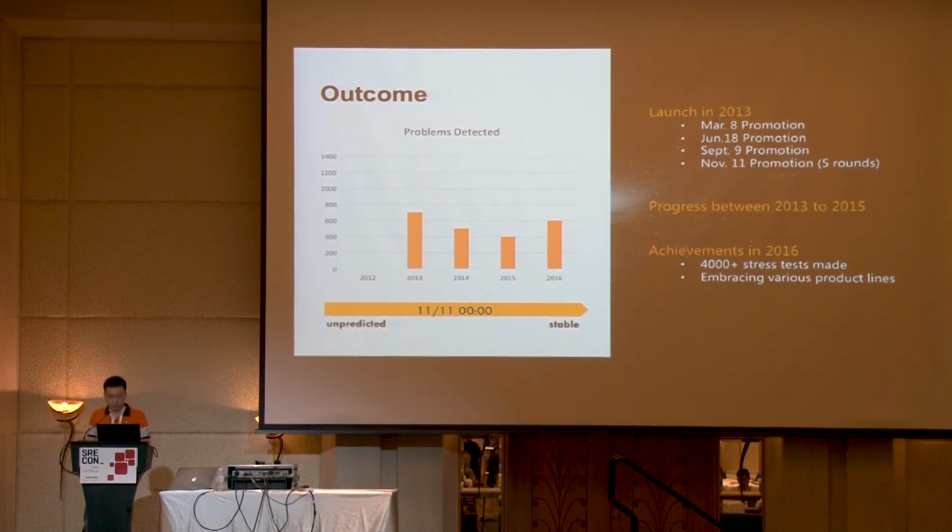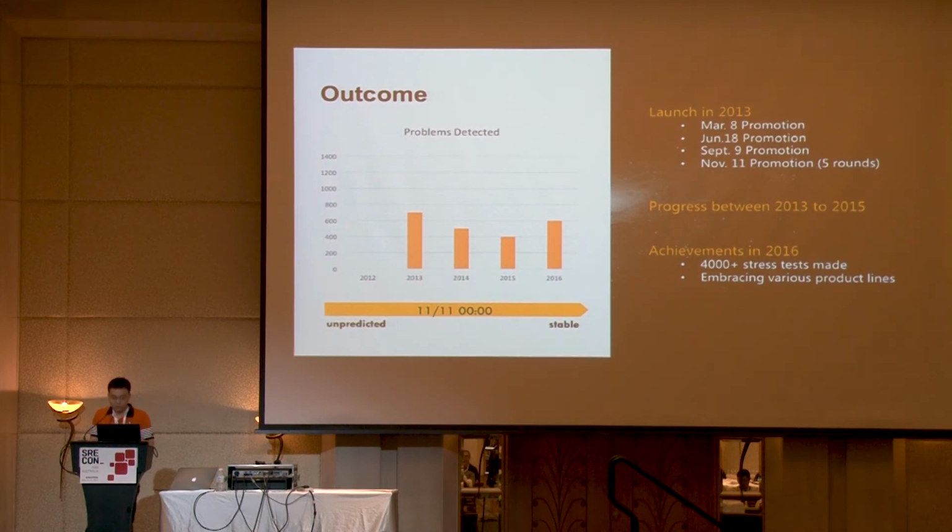In the next 3 years, we continued to use this test platform and found hundreds of problems again, because every year lots of new components are added and could generate new problems, either by themselves or by the collaboration with existing components. If we didn't find and fix these problems, they could burst in our Double 11 feast and cause unexpected results.